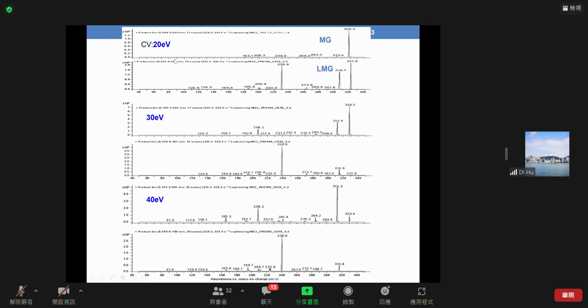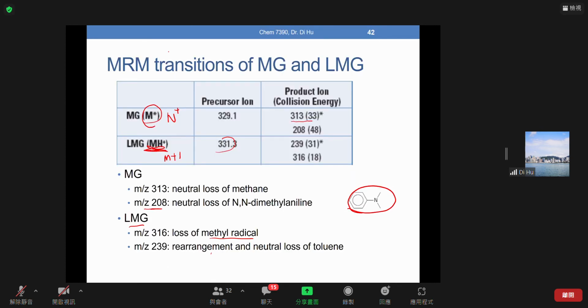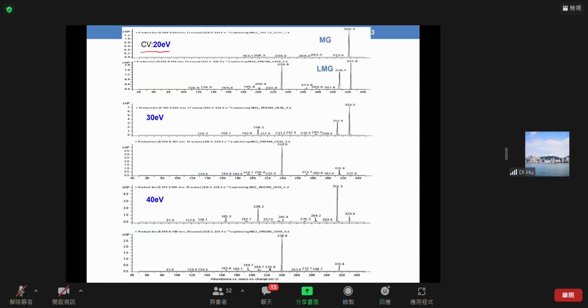This is the collision voltage to get from the precursor ion to the product ion. You can see if it's just 20, then for methyl green you still see the majority, the big peak, is just the precursor peak. So almost no fragmentation at this point, right? And for leucomethyl green, you can see here this is the precursor ion.